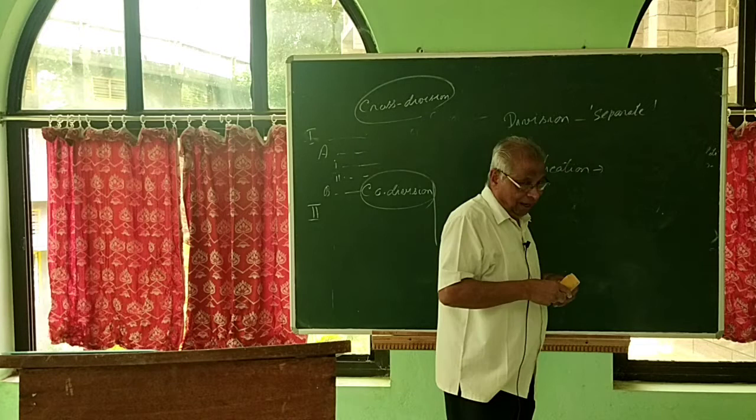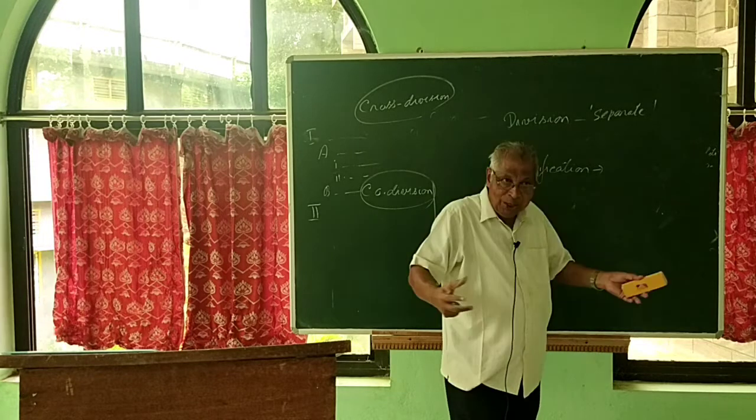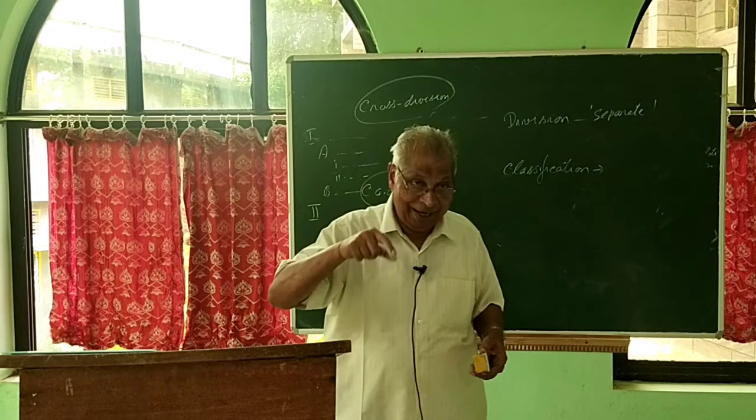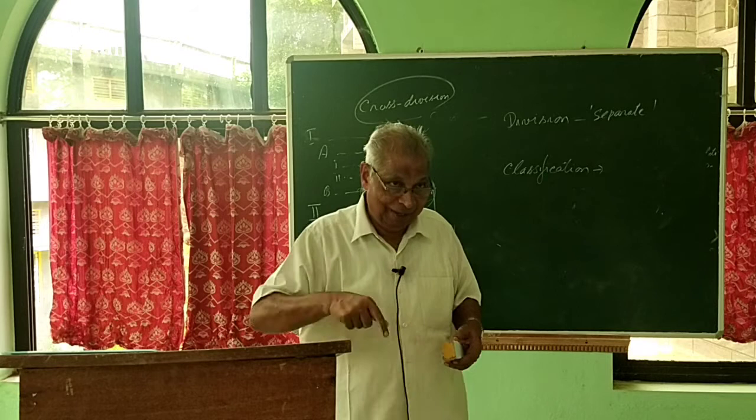But when you classify, although we may think that we are doing the same act, it is not the same act. When you classify, how do you classify? We bring together, just the opposite. We bring together what? Based on similarity.